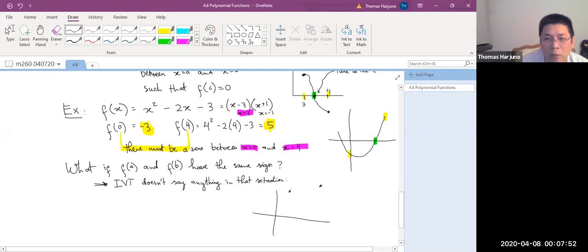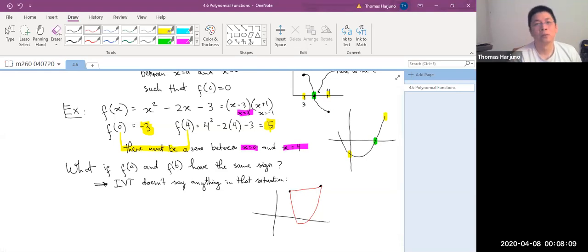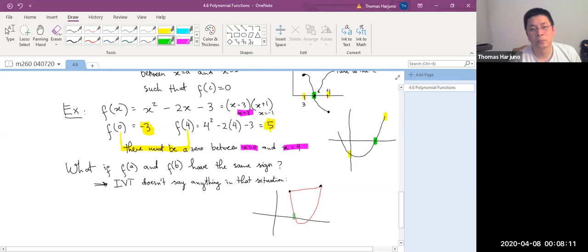It is possible the graph just goes straight across, so there's no x-intercept. But it is also possible that you happen to choose 2 points and in between you have 2 x-intercepts. So if they have the same sign, they still may have zeros in between.